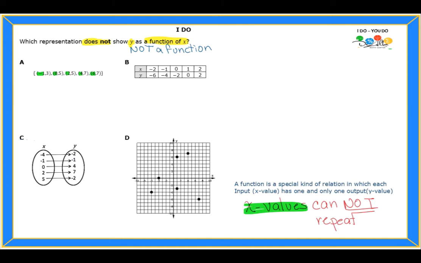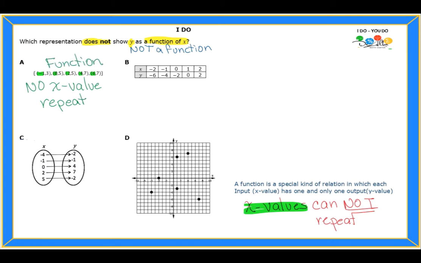Do you see any x value repeating? No, right? I see -1, 0, 2, 4, and 6. So that means no x value repeats. So let's write it down. No x value repeats. Therefore, this is a function.